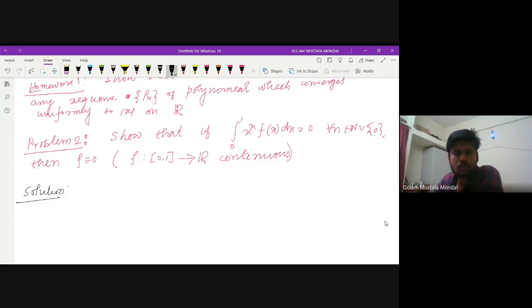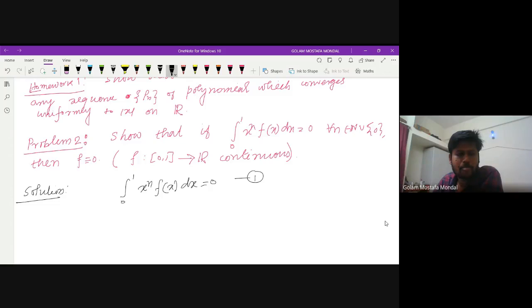Solution. See that the integral from 0 to 1 of x to the power n f of x dx equal to 0. This is (1).